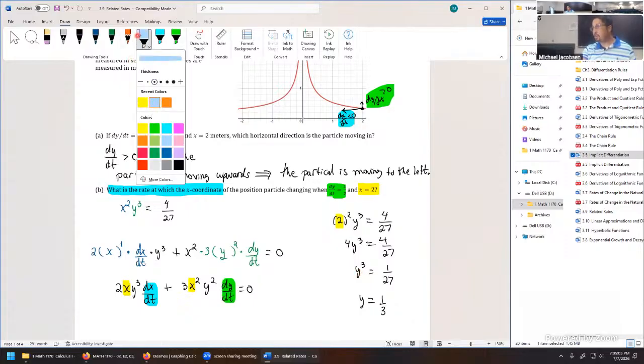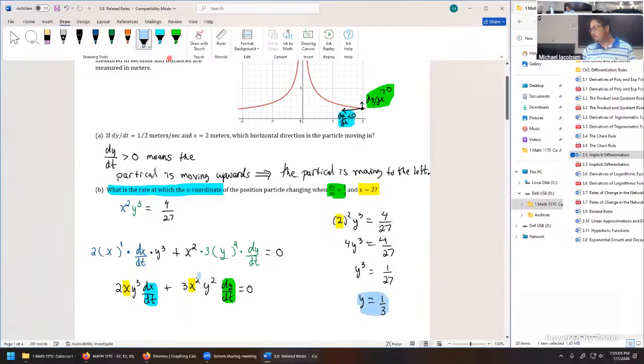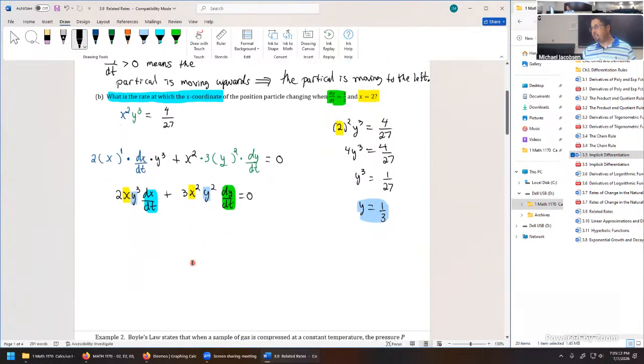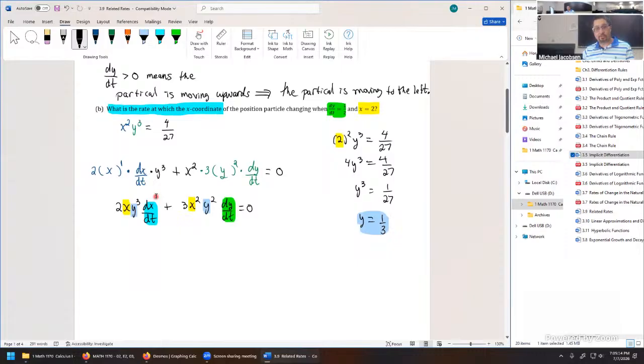We can plug in 1/3 both here and here. So now it's just kind of a big messy equation from which we can solve for dx/dt. Substituting that all in, we have 2 times 2 times 1/3 cubed plus 3 times 2 squared times 1/3 squared times 1/2 equals 0.